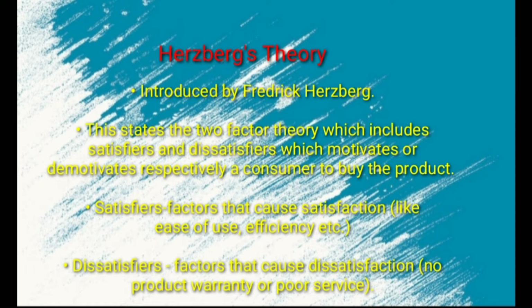Next is dissatisfier, factors that cause dissatisfaction, like no product warranty or poor service. Herzberg's theory has two implications. First, sellers should do their best to avoid dissatisfiers, for example, a poor training manual or a poor service policy.